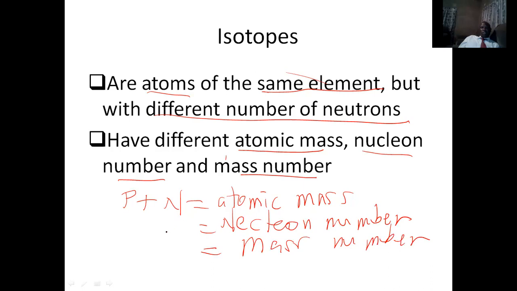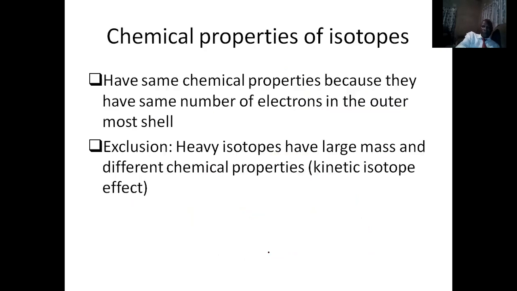So here, what differentiates the atoms is the number of neutrons. Since the number of protons remains the same and the neutrons are different, you get a different atomic mass, nucleon number, or mass number. So basically, that's the meaning of an isotope.